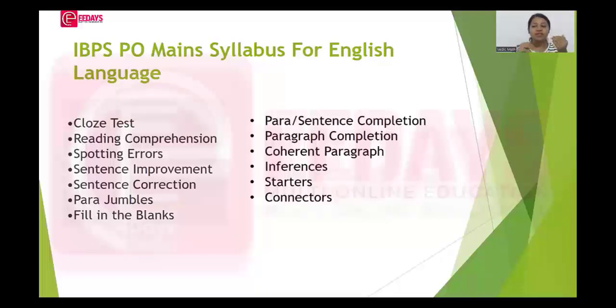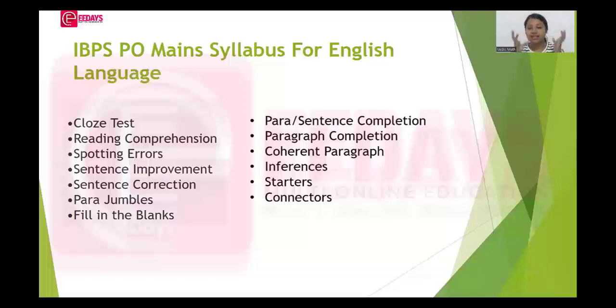Coming to reading comprehension, there will be 2 to 3 passages. After reading those passages thoroughly, certain questions are given, and you have to answer them. Mostly the questions are based on critical analysis of the passage, or they might give you vocabulary and ask for synonyms, meanings, or antonyms, and they might also ask what the author is trying to tell.